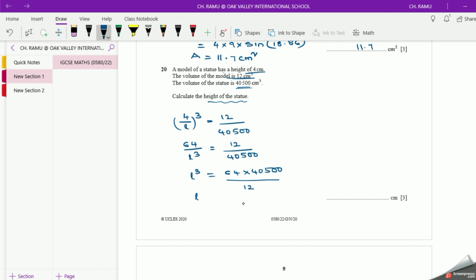So L cube is equal to, cube root of 64 into 40,500 by 12. Now we can use our calculator, which gives us 60 centimeters. So answer is 60 centimeters.